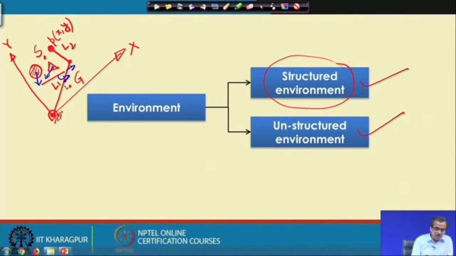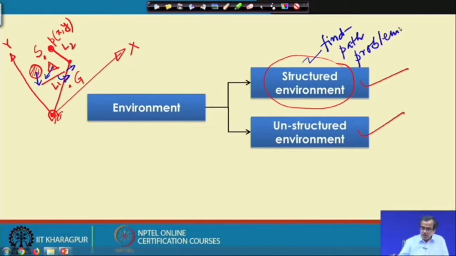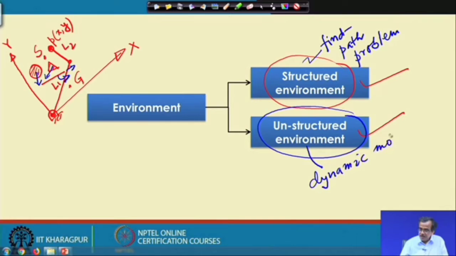So, path planning, or motion planning, in the presence of a structured environment is called the find path problem, and motion planning in the presence of an unstructured environment is known as the dynamic motion planning problem, or motion planning among dynamic obstacles, or a dynamic environment.